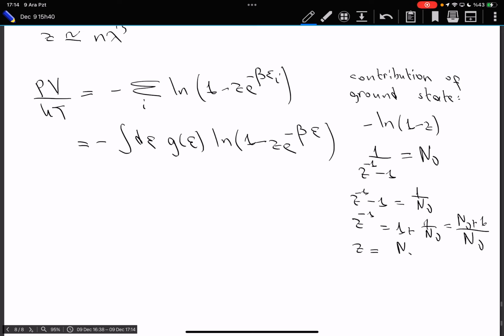Z is n0 over n0 plus 1. This is what z is, in terms of the number of particles in the ground state.